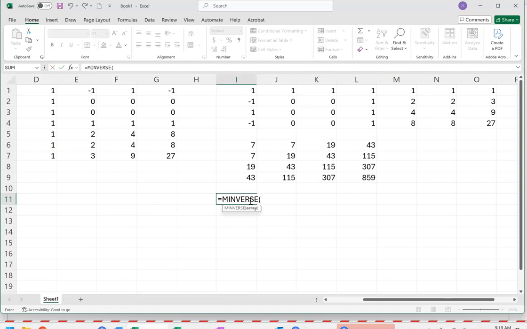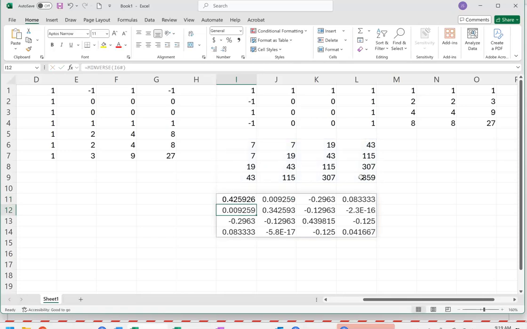It's a matrix function, so it's MINVERSE is what we want. M inverse. Okay. I want to take the inverse of this matrix here. Okay. That gives me that 4 by 4. We should be getting decimals here. That makes sense. Some of these we probably can interpret if we look at it.